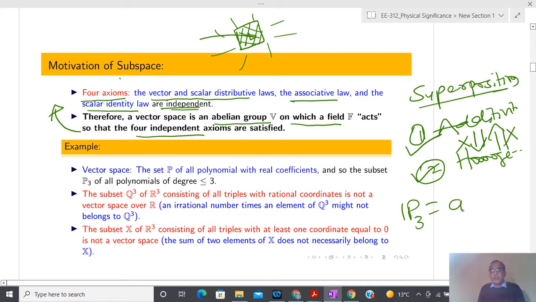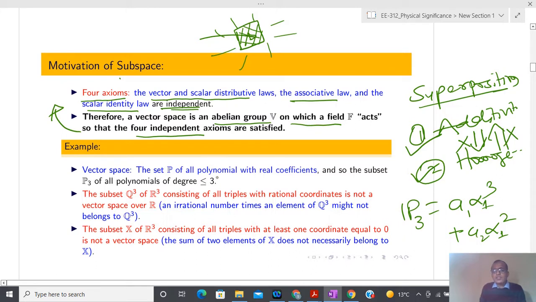a1 alpha 1 x cubed, a2 alpha 1 x squared, something like that. It is possible to show that if you talk about component-wise addition, and likewise multiplication, then all properties of a vector space will be satisfied. So with degree less than or equal to 3, that will be a vector space.